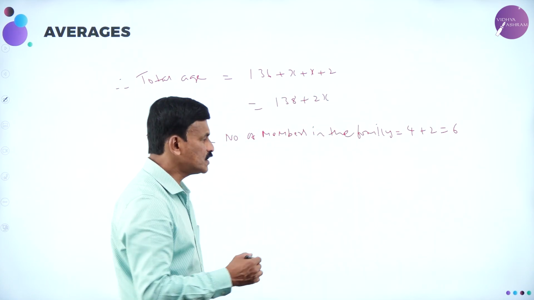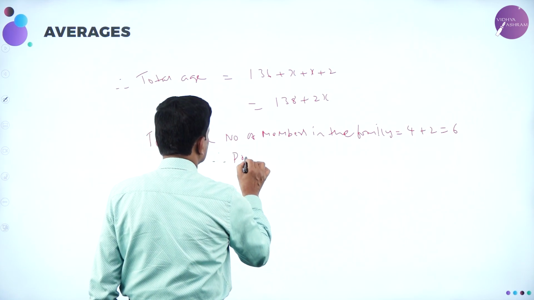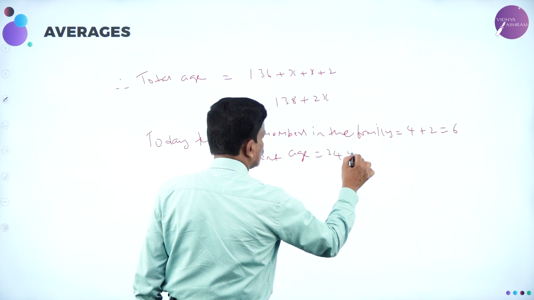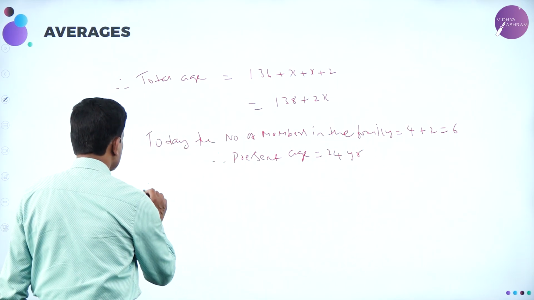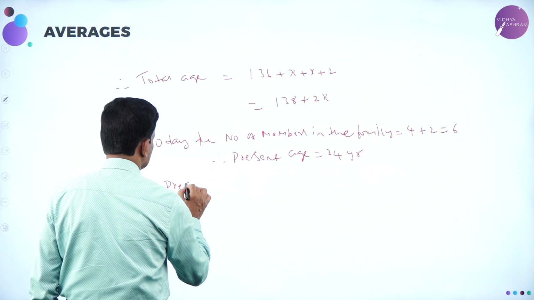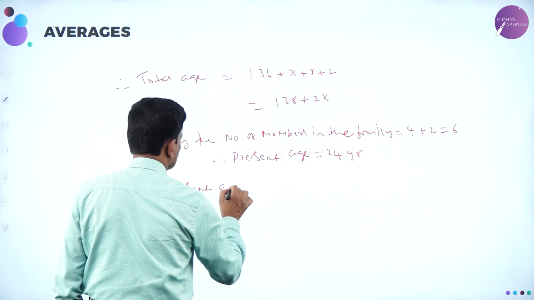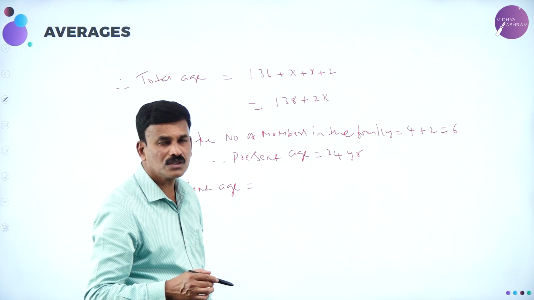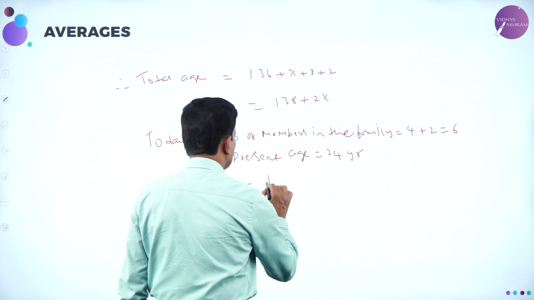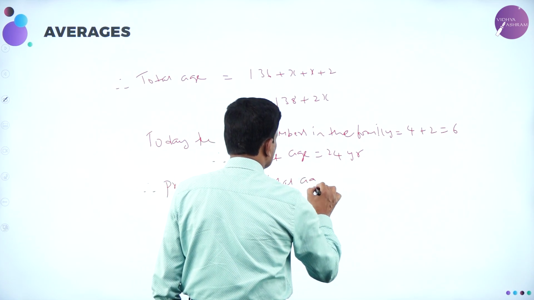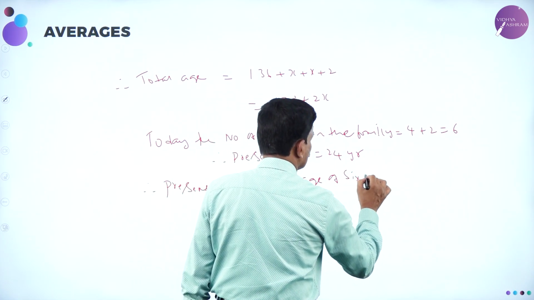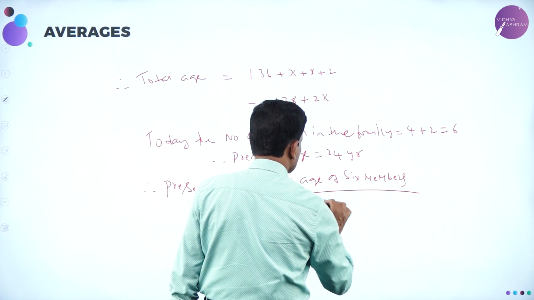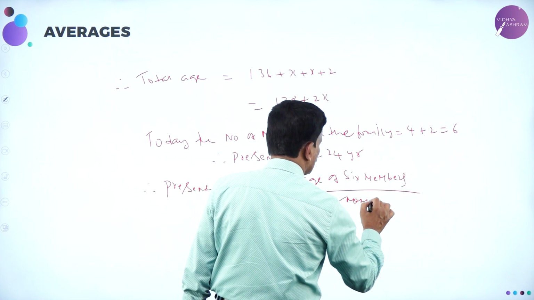And what is the present age? Therefore, the present age is 24 years. The present age is equal to the total age of all 6 members divided by the number of members in the family.